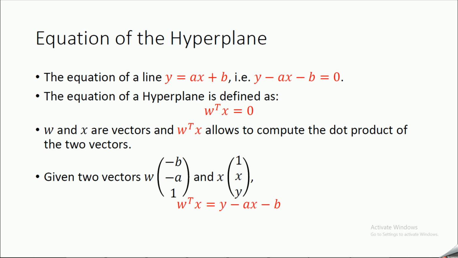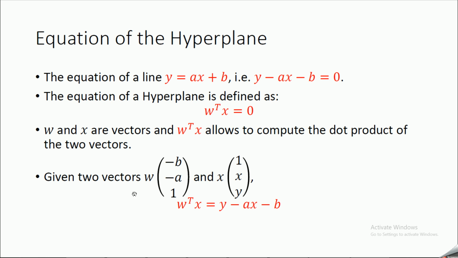The equation of a hyperplane is defined as w transpose x = 0, where w and x are vectors, and w transpose x will help us to calculate the dot product of two vectors, that is w and x.